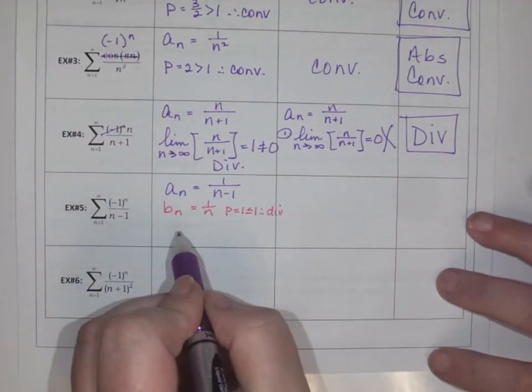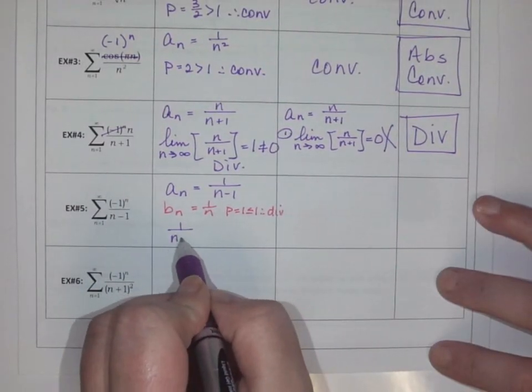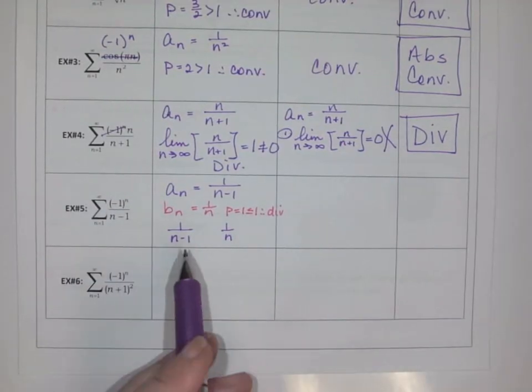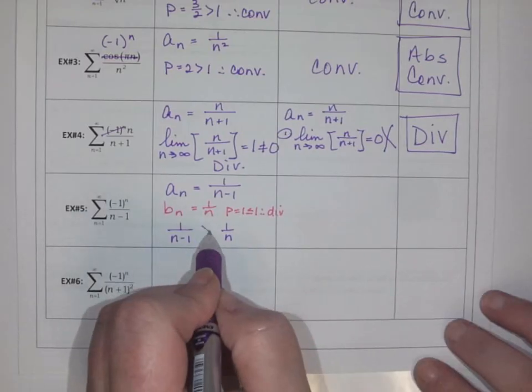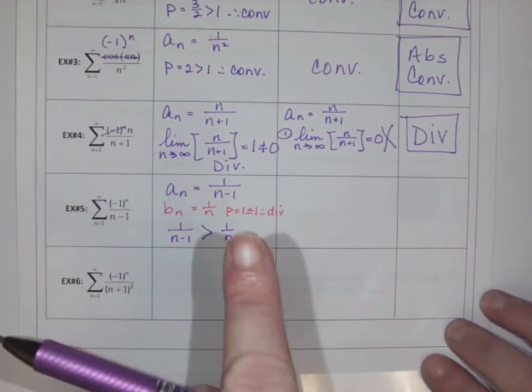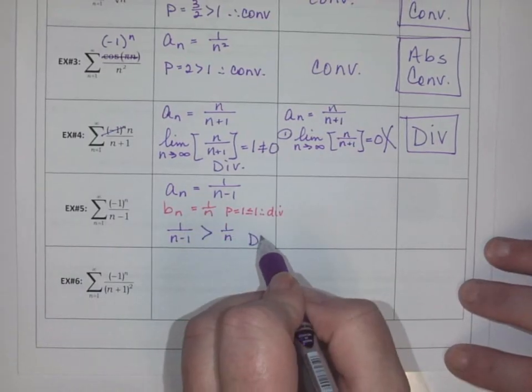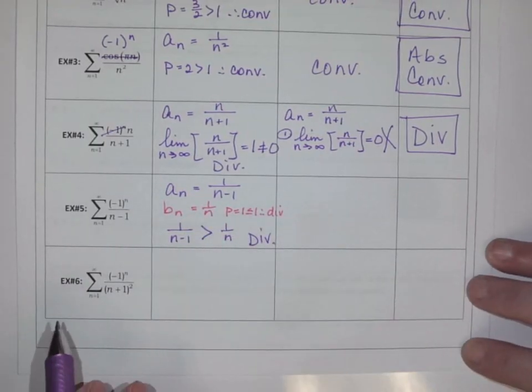So I'm going to try 1 over n minus 1 and 1 over n. So what happens when I take one away from the denominator? Well, the fraction gets bigger, so now I'm more than a divergent, so this guy diverges, okay?